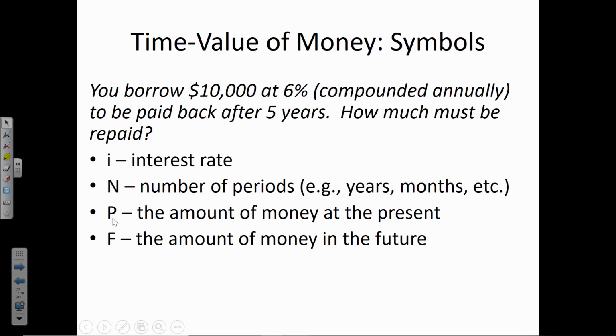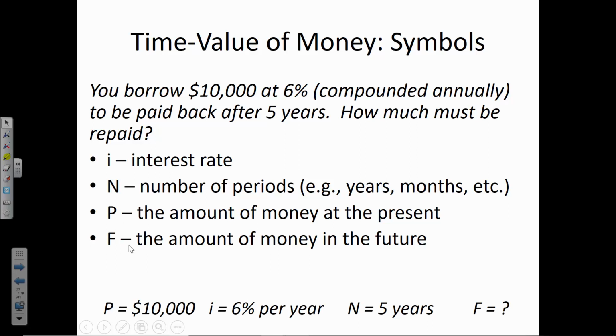P means the amount at time 0, and we call that the present, even if it's some future date. It's kind of like the beginning of the project is the present from that perspective. F is the amount of money in the future. So in that previous example, P was 10,000, I was 6%, N was 5 years, and F was the unknown.